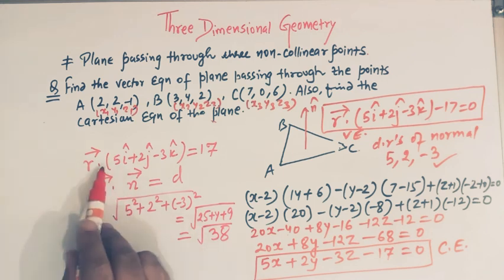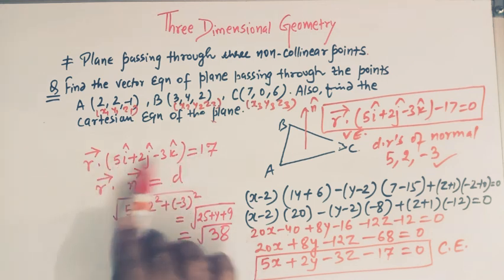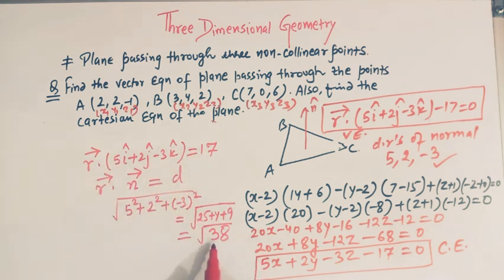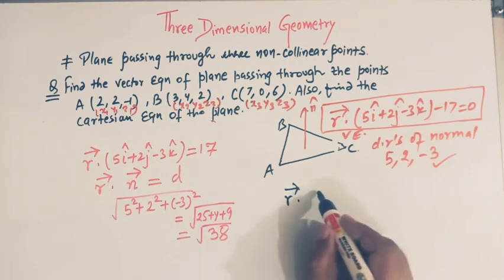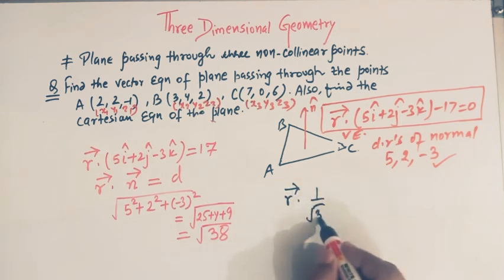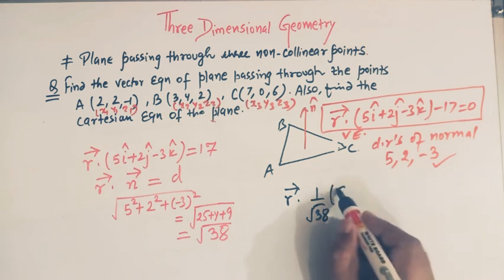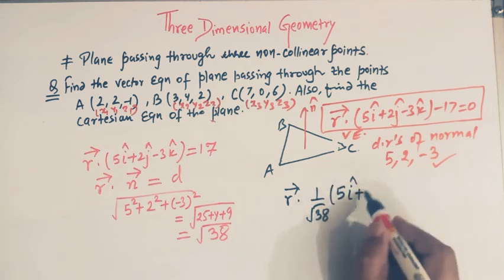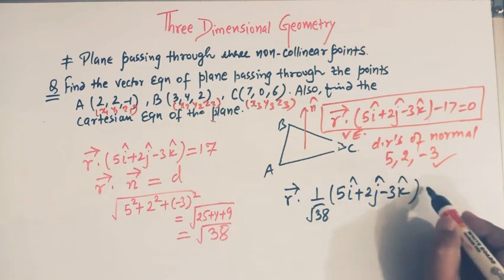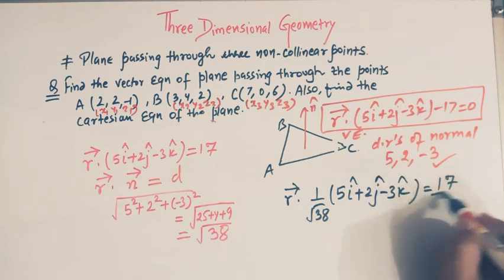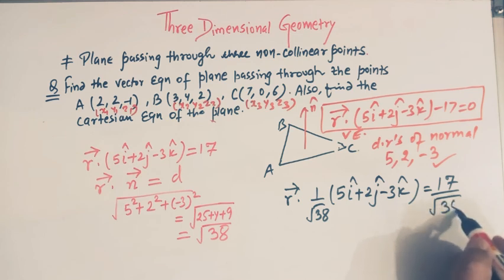So if we divide both sides of this equation by root 38, then we'll get vector r dot 1 over root 38 times 5i cap plus 2j cap minus 3k cap is equal to 17 over square root of 38.